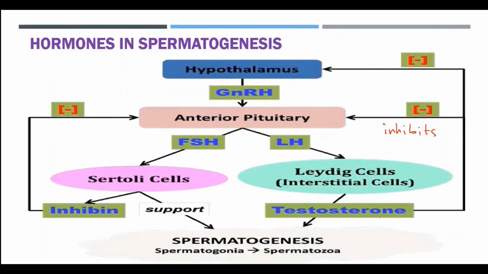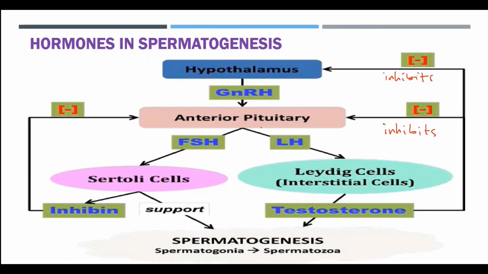And the testosterone can also inhibit another thing. Okay, it will go upwards, even upwards, and it will inhibit also the hypothalamus. Okay, so when the hypothalamus is inhibited by the testosterone, less GnRH will be produced. So when the GnRH is less, okay, the anterior pituitary gland will not be stimulated.